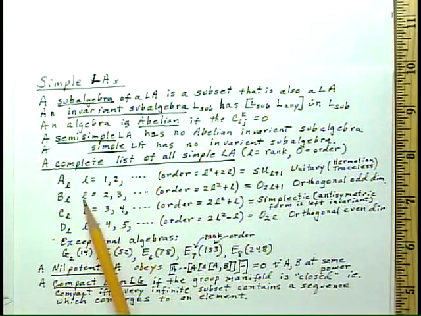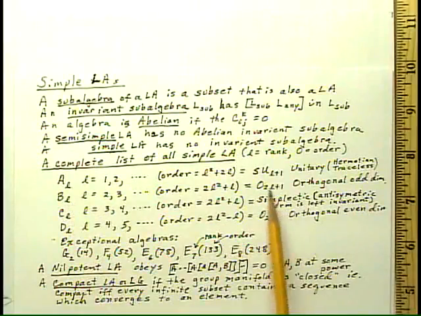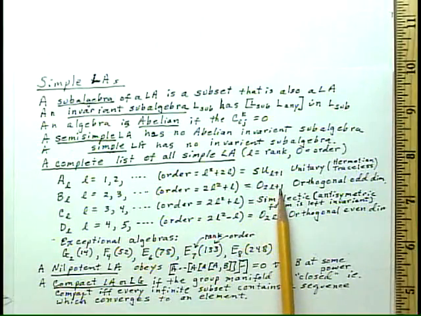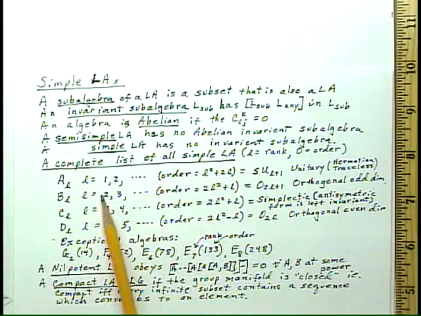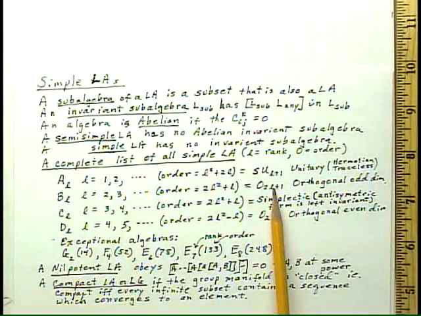For example, if we take L equal to 2 here, B2, what is B2 going to be? Well, B2 would be 2 times 2 is 4 plus 1 is 5. That would be the orthogonal group in 5 dimensions. If we were to have an L of 1, what would that be? L=1 would be 2 plus 1, or O(3).